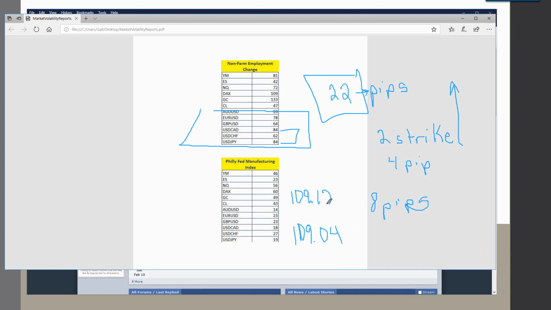And immediately this is the binary that I would target, because that gives me room for it to go another 2 strikes up to 109.20, and then I will more than likely have my profit target. That's the way I calculate it.